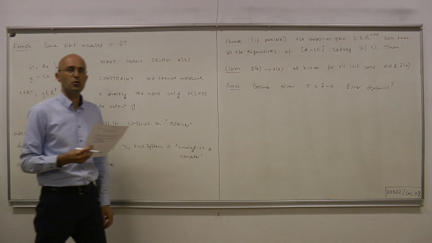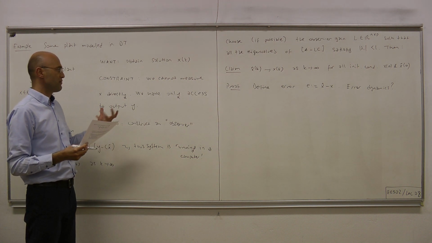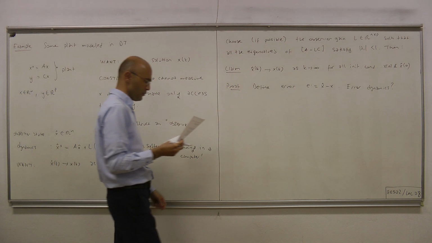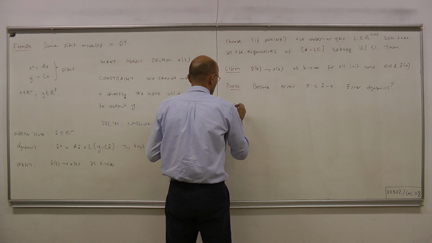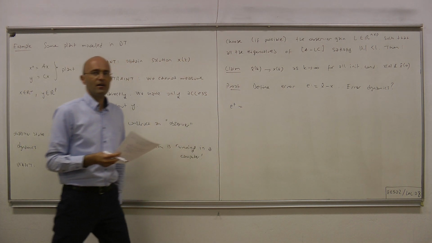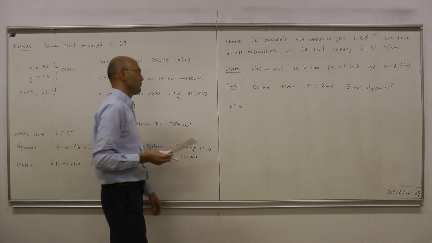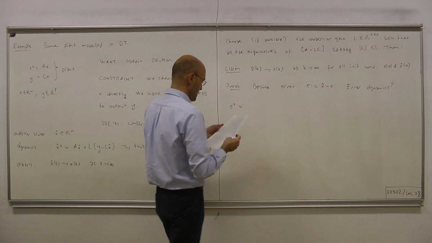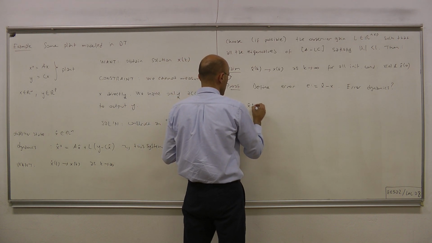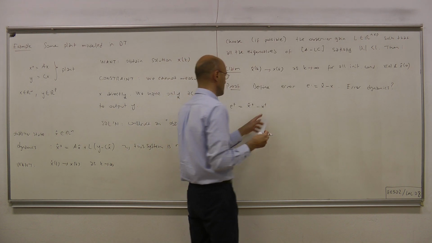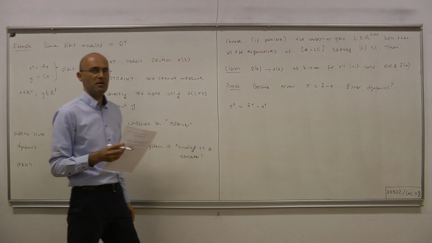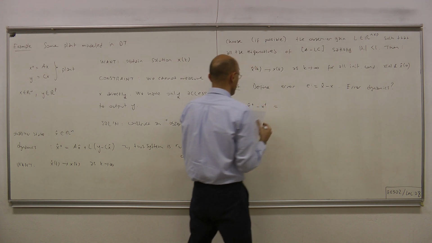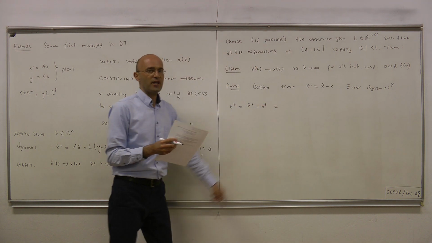For this, we will obtain a difference equation that describes the evolution of the error. In other words, we try to figure out the right-hand side of this equation: e plus equals what? E plus, by definition, is x hat plus minus x plus. Okay, this plus notation simply means the value at the next time. Now, we know x hat plus, and we also know x plus.